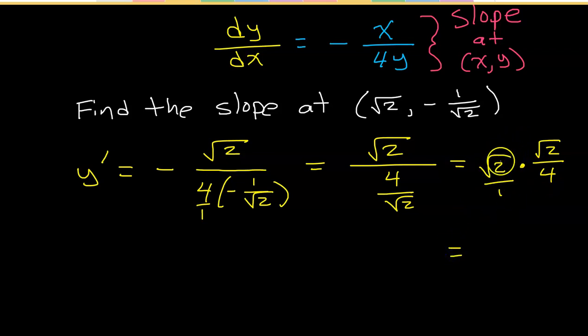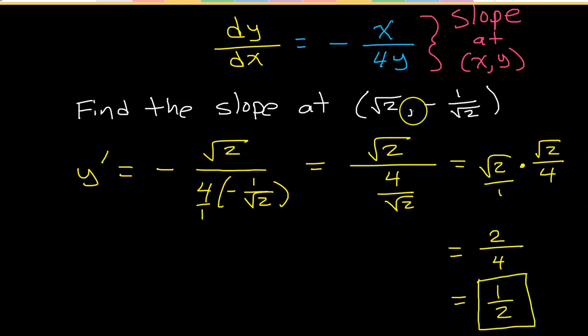And we know that radical 2 times radical 2 is just a regular 2. And so that's going to be 2 over 4, which simplifies down to 1/2. So this should be the slope of the curve at this particular point.